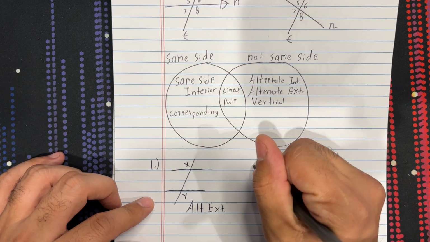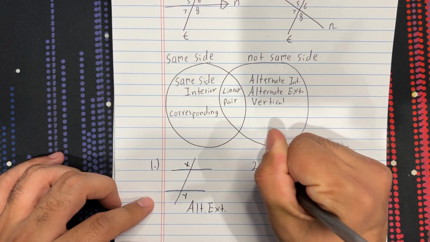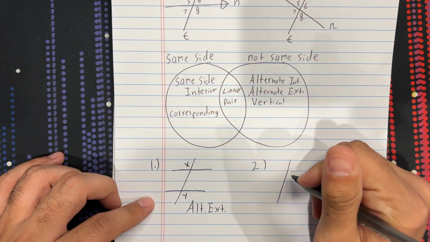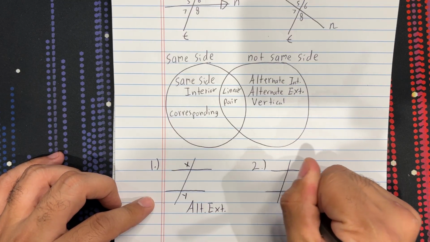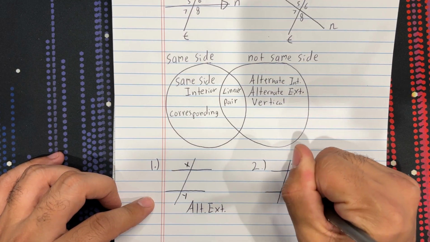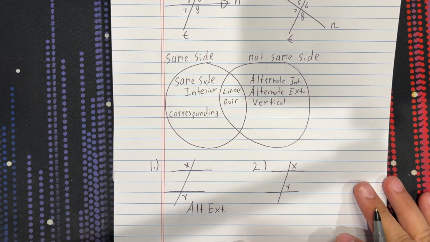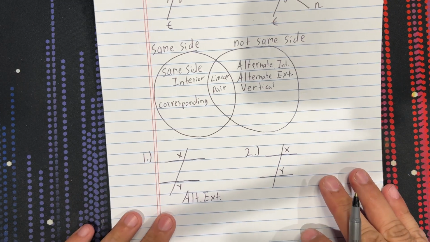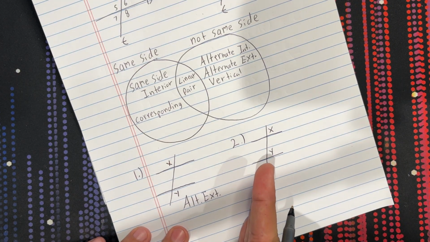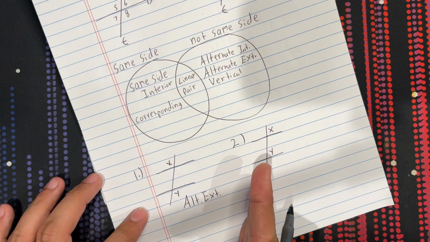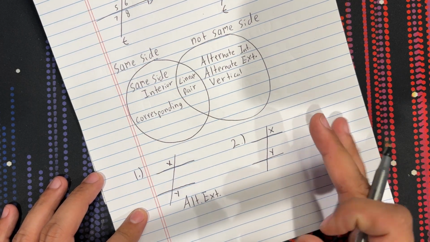Moving on to the next example. We have an X and a Y again, but this time, if I move my paper over to make this line vertical, I can see that X and Y are both on the same side of the transversal, on the right side.